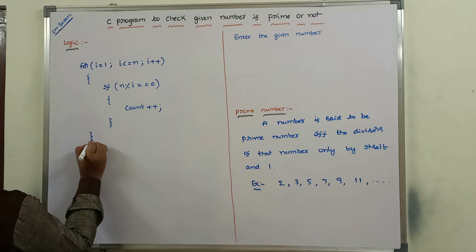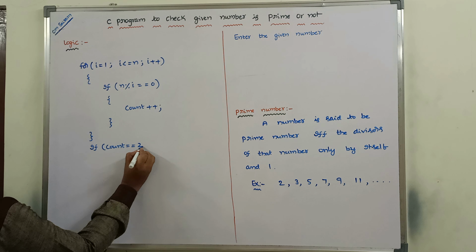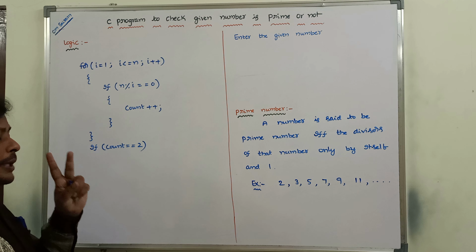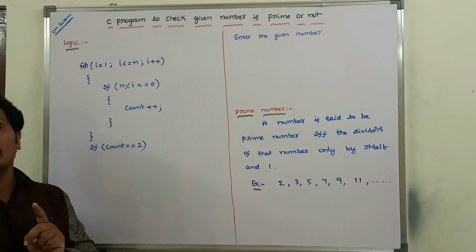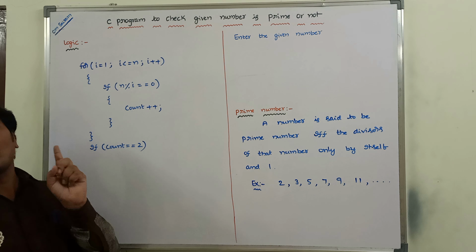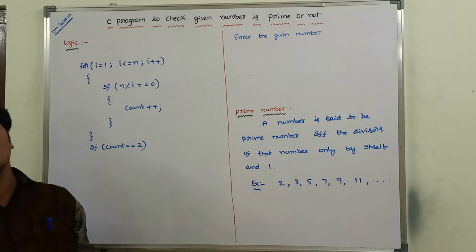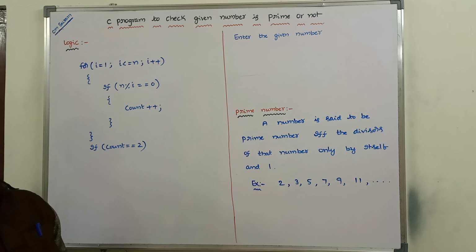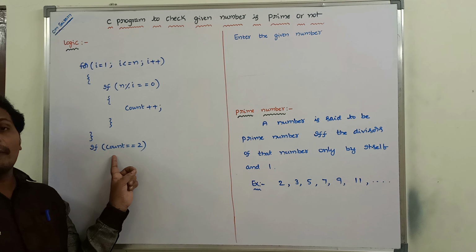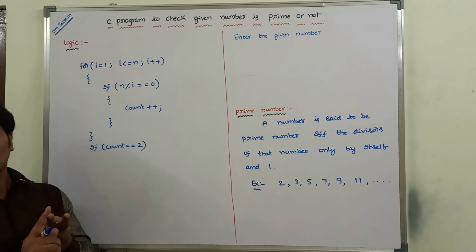Then we have to check whether the count value is equal to 2. So only 2 times the count value is incremented, that is, when i is equal to 1 and i is equal to n. Whatever given number we have taken is stored in the variable n.